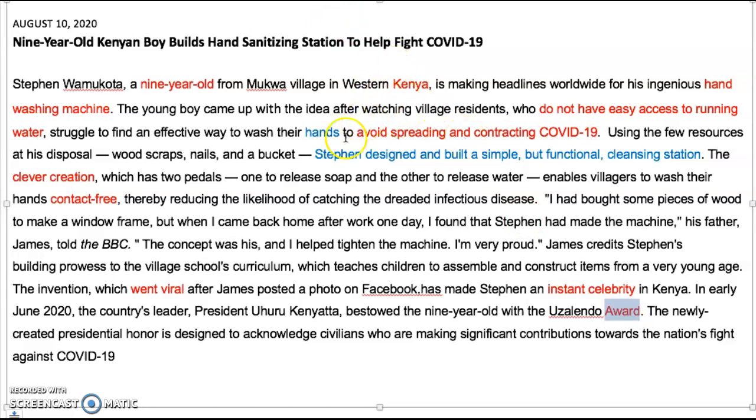It's not really important to the main idea, which is simply that this 9-year-old kid built this really useful and clever creation, okay? So it's interesting that it went viral, and it's interesting that he got an award for it, but it's not completely critical to the summary.